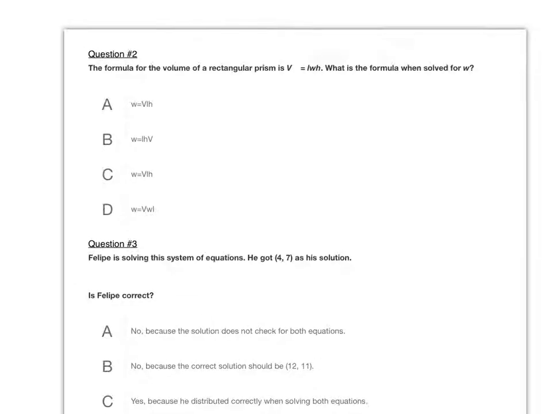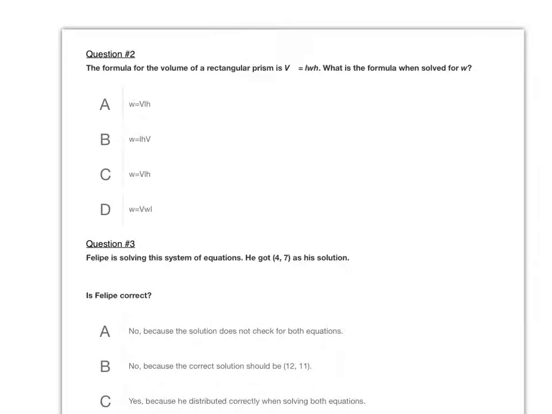Question 2 says the formula for the volume. Oh, in question 2, you need to make a correction. So none of these answers printed out correctly.